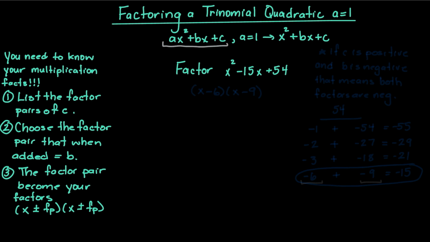Now we're going to factor x squared minus 15x plus 54. And I'm going to give you a Lex tip. If c is positive and b is negative, that means both factors are negative.